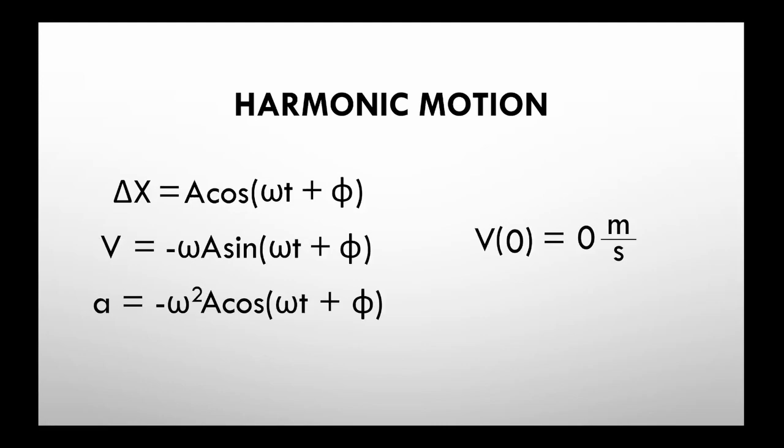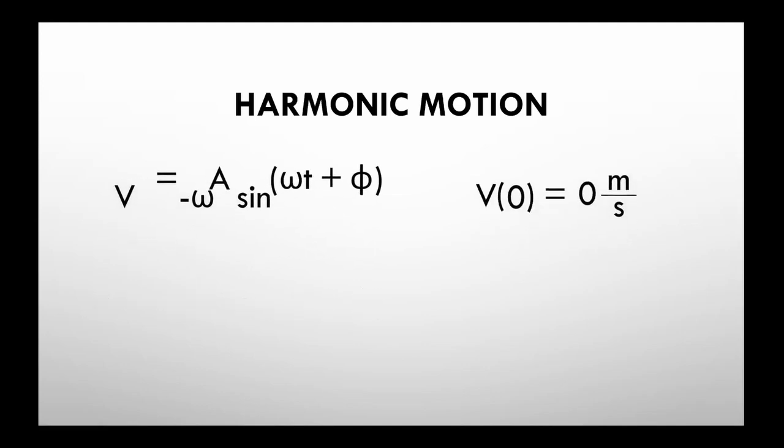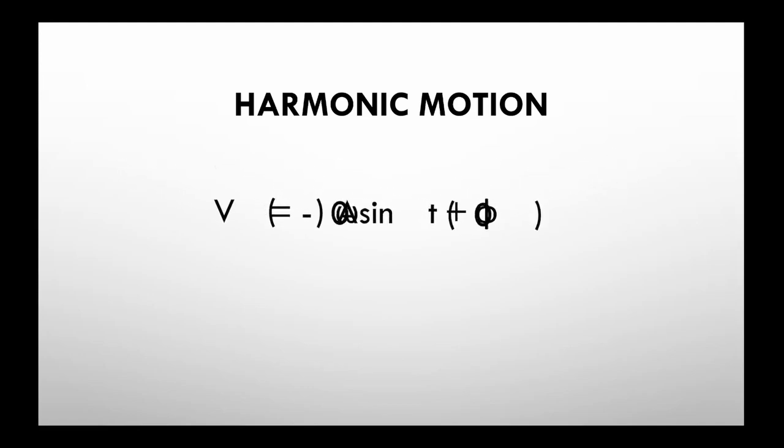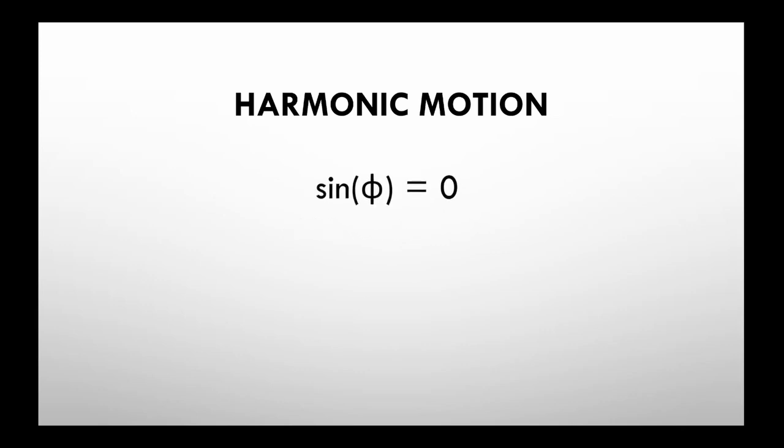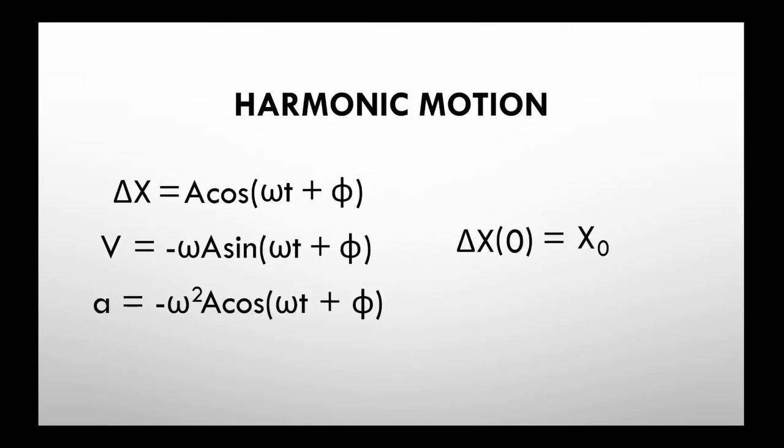So this is how the calculations play out for us to find phi and A. We then conclude that for a starting velocity of 0, the object must be in either extreme of the motion. We're going to determine which one it is with the initial position. So it's kind of the same process.